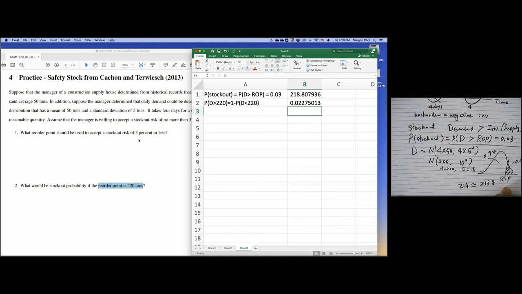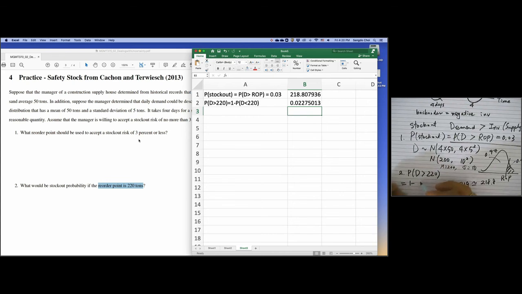Second problem: what is the stock out probability if your reorder point is 220? This is the first question, and the second question is the probability that demand is greater than 220. How can you compute this? In this case, 1 minus P of demand less than or equal to 220. So we will use this probability function.